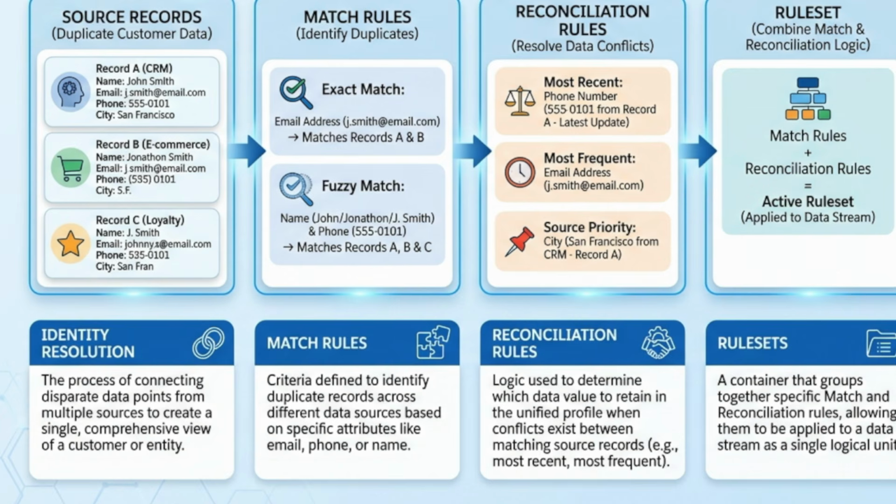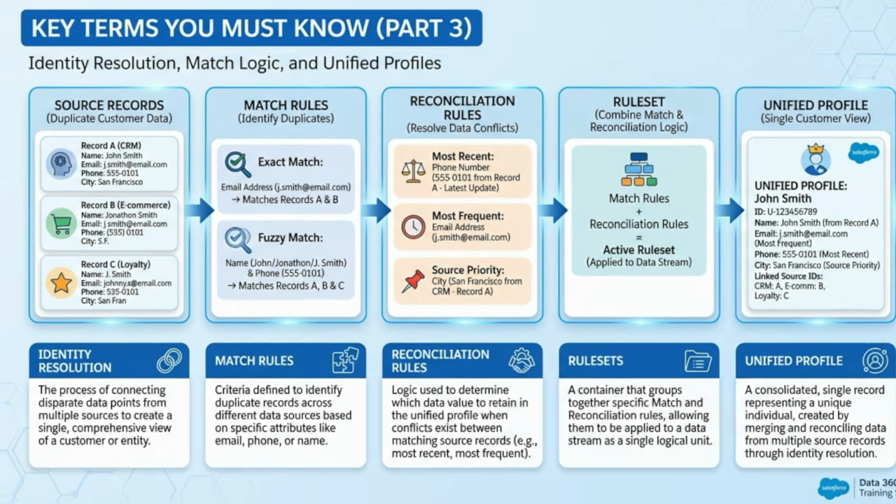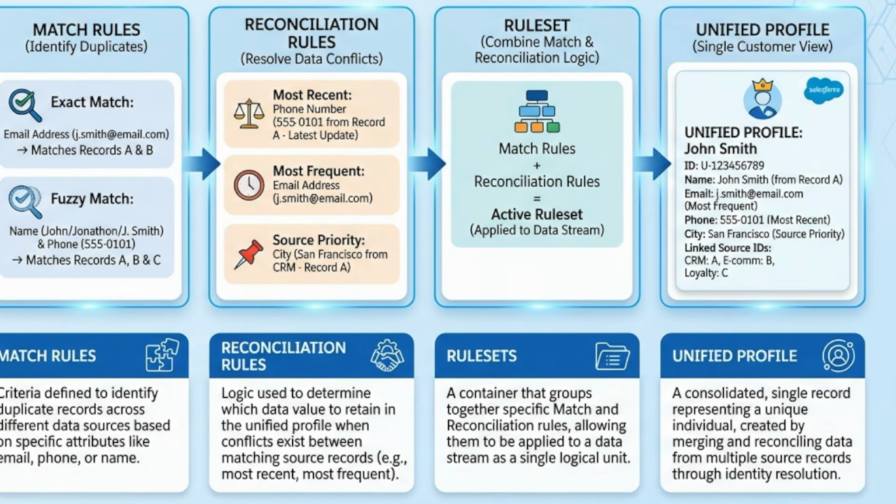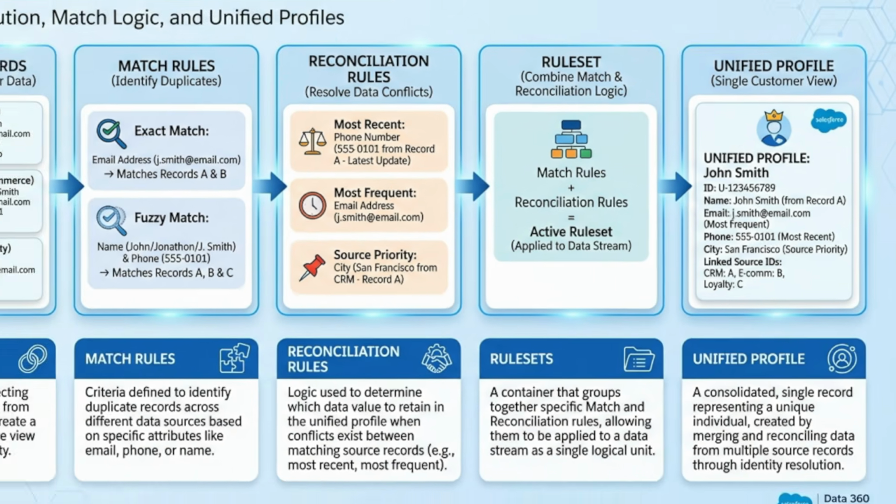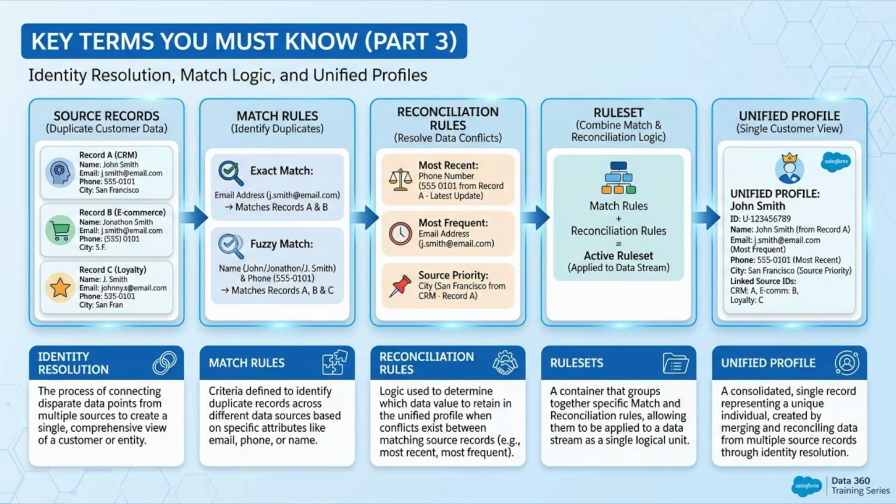Match Rules: rules that decide how records are linked. Reconciliation Rules: rules that decide which source wins when data conflicts. Rulesets: a combined set of match and reconciliation rules. Unified Profile: the final result, a single record that represents the customer across sources.